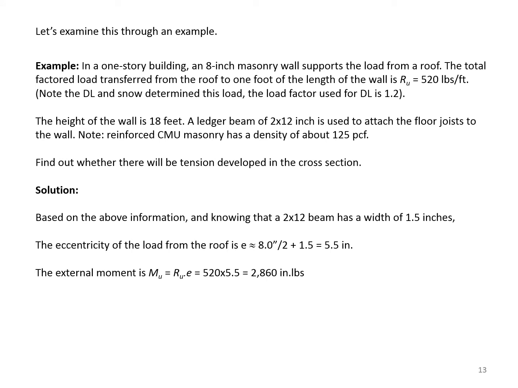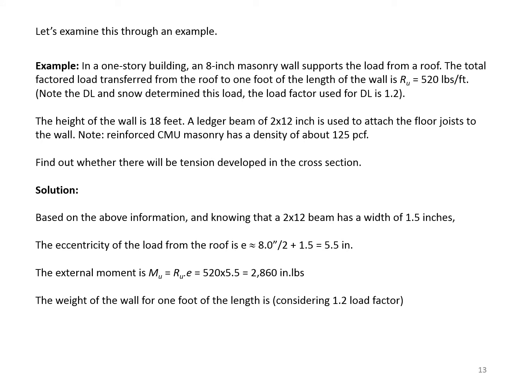However, we need to incorporate the self-weight of the wall into the picture and recalculate an eccentricity. That eccentricity we call E prime. The external moment is Ru multiplied by E, which is 520 multiplied by 5.5 inches, or 2,860 inch-pounds.